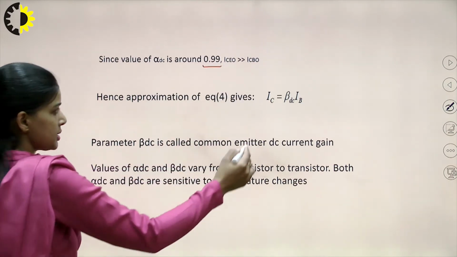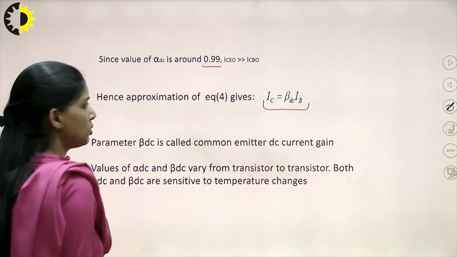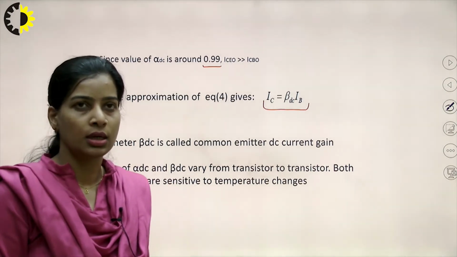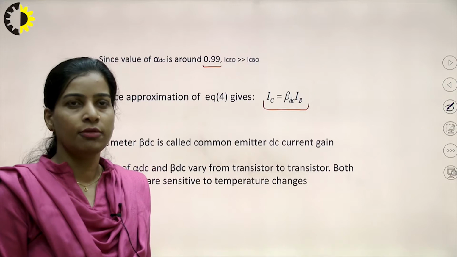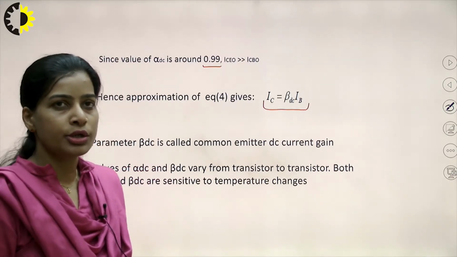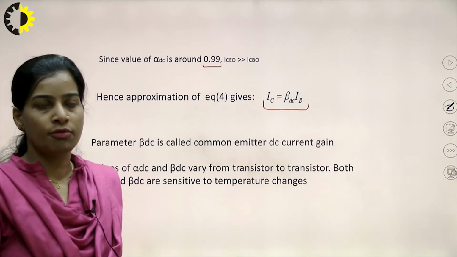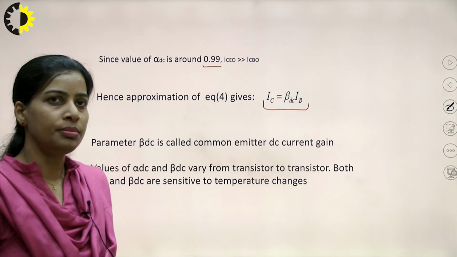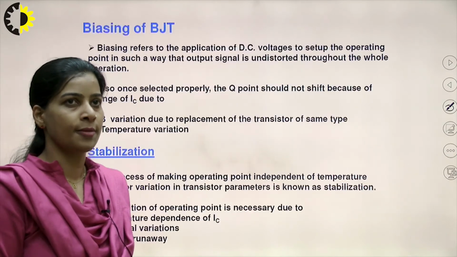We have some more relations, IC is equal to beta IB. These are all relationships that we need to study for the BJT biasing. So, we all should be very clear with the basics of bipolar junction transistor before starting the BJT biasing circuits.